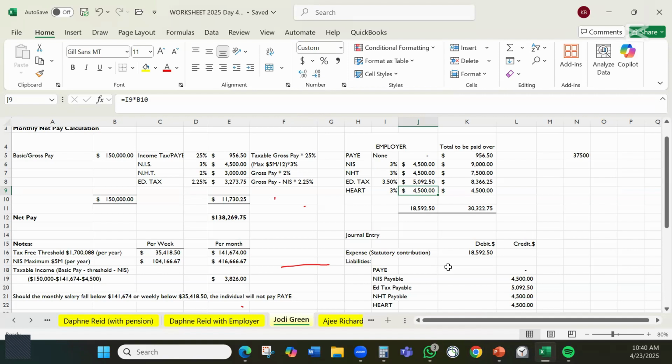Yes, it is a payslip. So you wouldn't necessarily see the employer portion on the payslip.